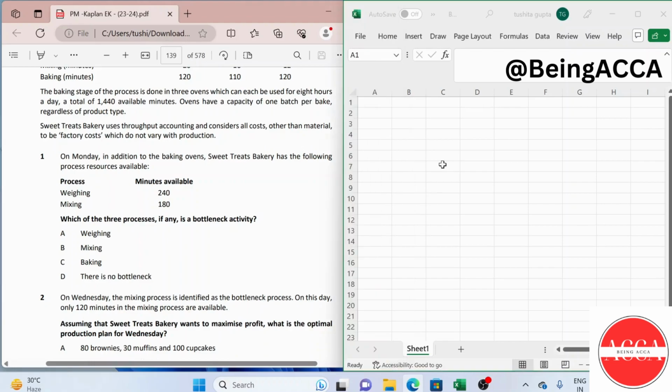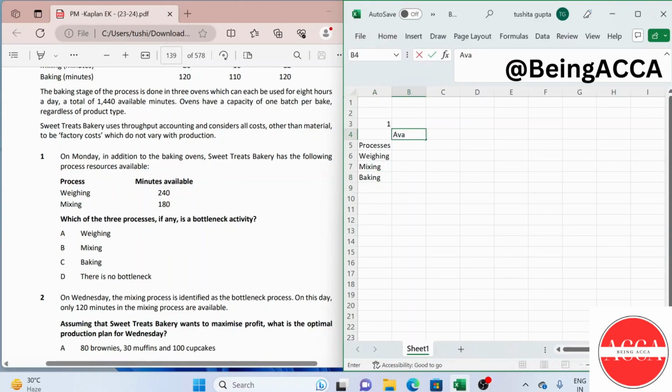So let's first list down how much is the available time and how much we actually need. Labeling the processes: first weighing, then mixing, and then baking.